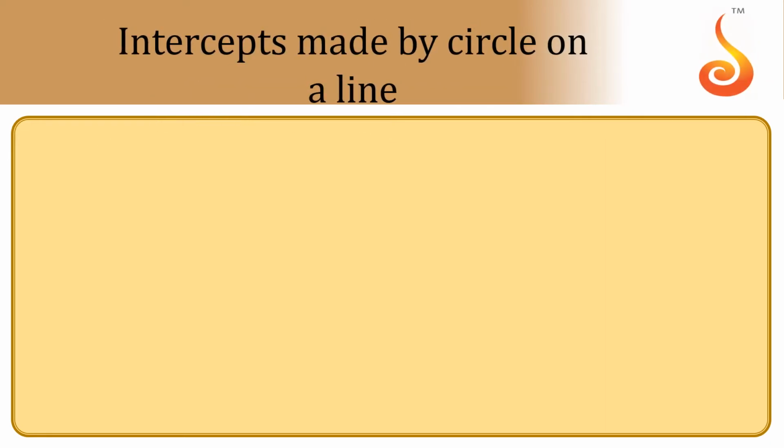Okay, now let us discuss intercepts made by a circle on a line. Suppose there is a circle and a line like this.